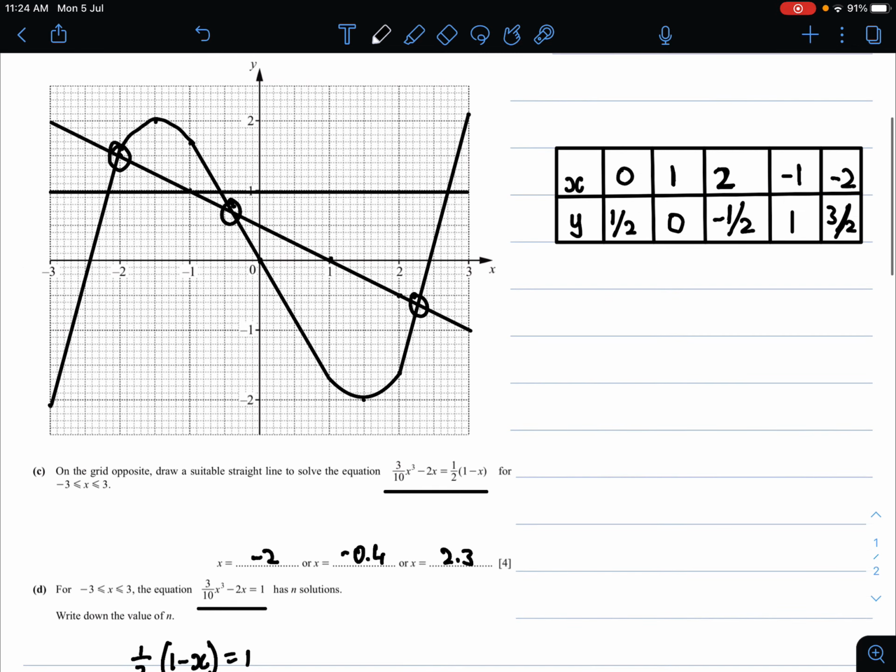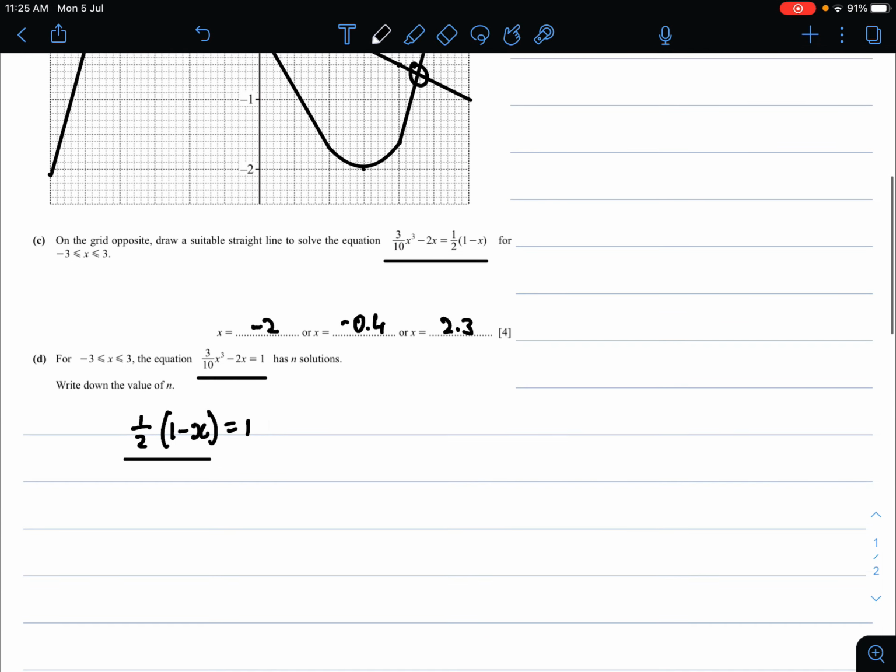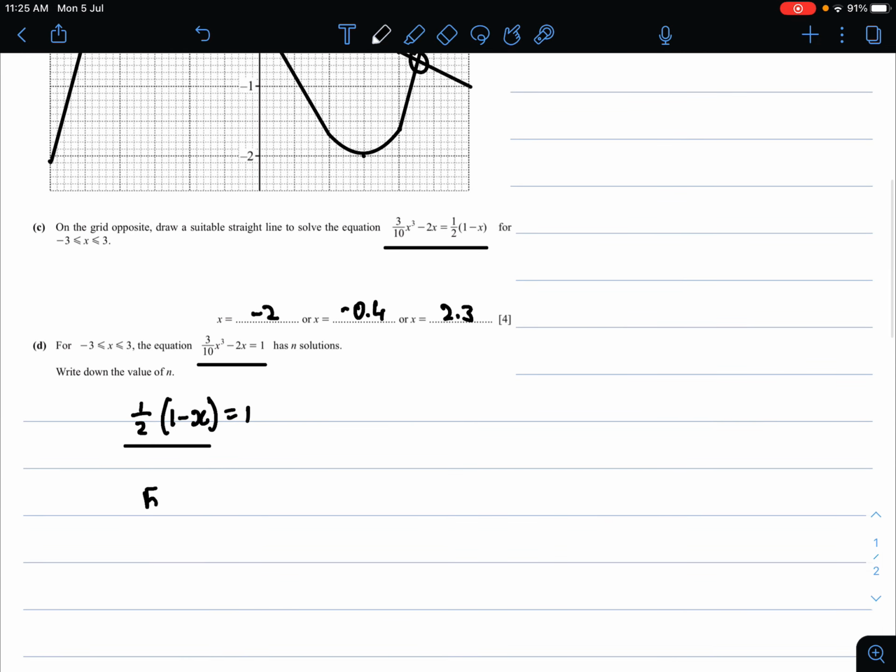That would be one time right here, once at this point. So the final answer is 1, because it has only one point of intersection.